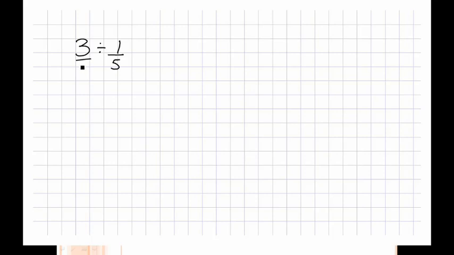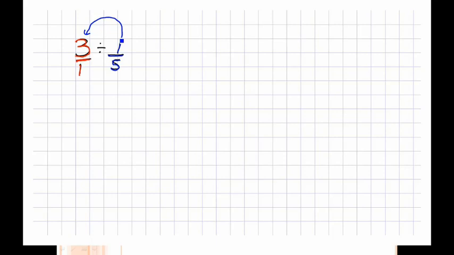Let's look at this 3 as 3/1. Now, before we even work this problem, let's think about what might happen. 3 is much larger than 1/5. So if I try to put that 3 into that 1/5, it should go in several times. So when I model this and I start drawing my ovals, I should have several ovals. So let's see how this works out.